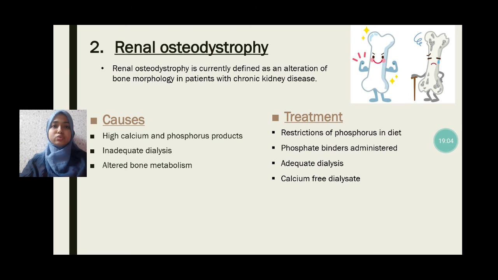Renal osteodystrophy. It is actually alteration of bone morphology in patients with chronic kidney disease. If a healthy person has proper bone structures, and the same healthy person gets CKD, then the bone morphology, that is the bone shapes, will change, because the kidneys are not working to regulate calcium and phosphorus.